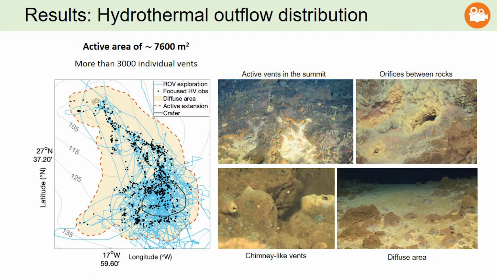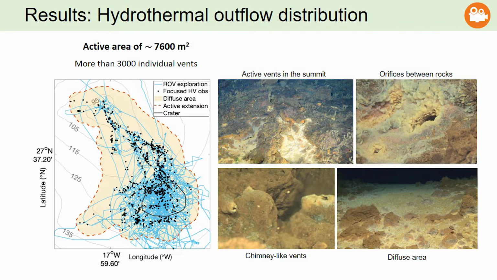Analyzing all these images from the ROV, we delimited the active area, and there is this red dashed line over here. This is the area. You can also see the ROV tracks. We obtained a total area of 7,600 square meters.